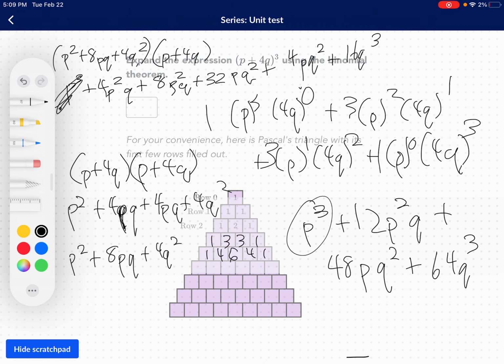Okay, so P to the third, we have 4P squared Q. We have one 4P squared Q here, another 4P squared Q here, and that's all we have, and that's 12. We have that right here. Okay, 32PQ squared plus 4PQ squared, that's 36. Where did I get 48 from? So 4 to the second is 16. 16 times 3 is 48, right?